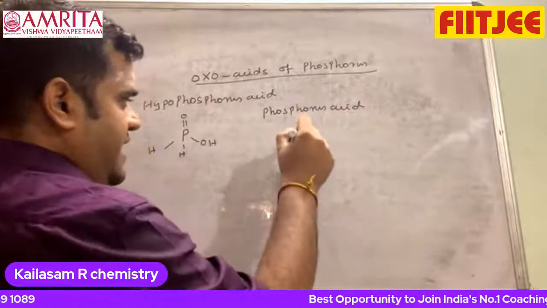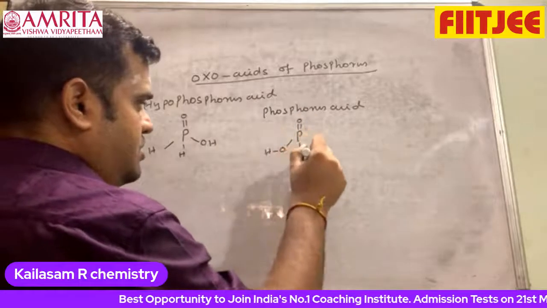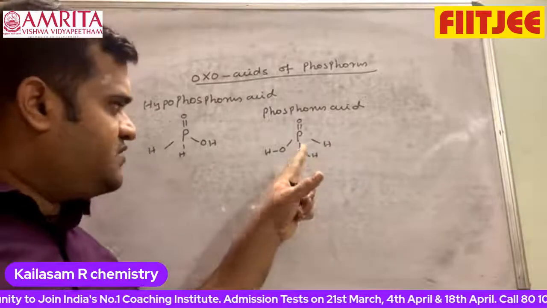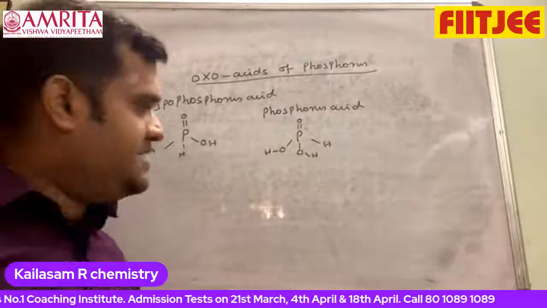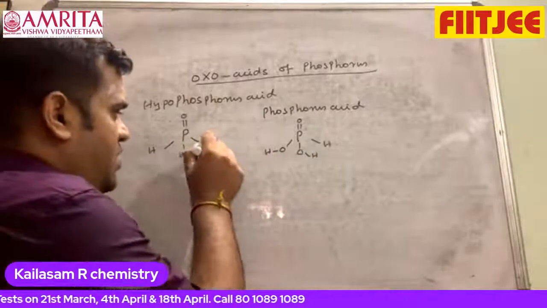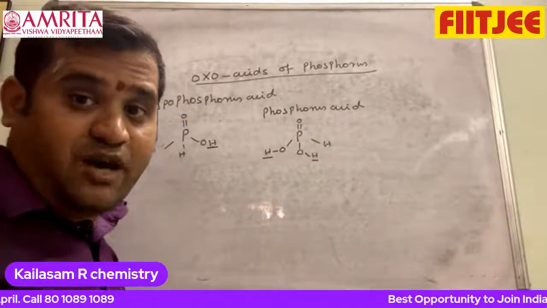For phosphorous acid, I can take P double bond O, OH, H. We call it phosphorous acid because phosphorus is in the +3 state. It's a dibasic acid, whereas this is a monobasic acid. Why? Here I have only one acidic H, there two hydrogens, dibasic acid. Now what is phosphoric acid?